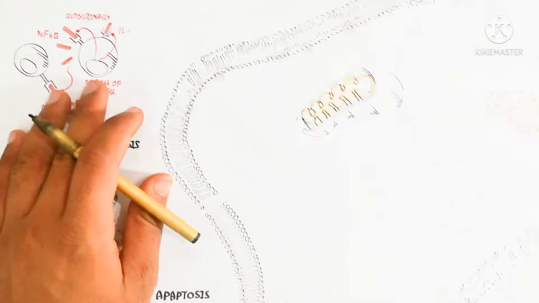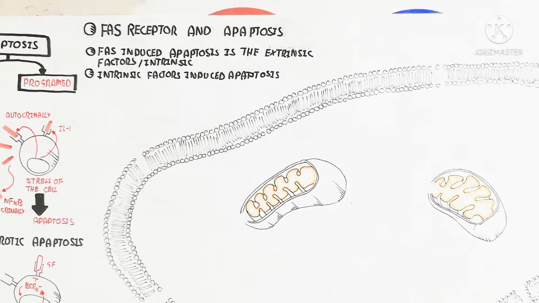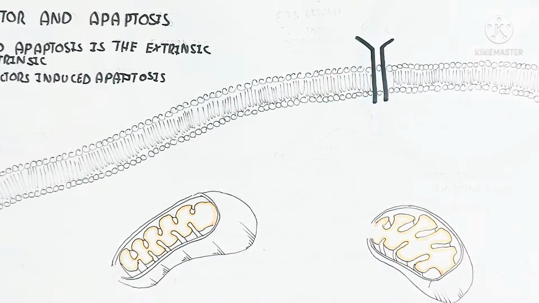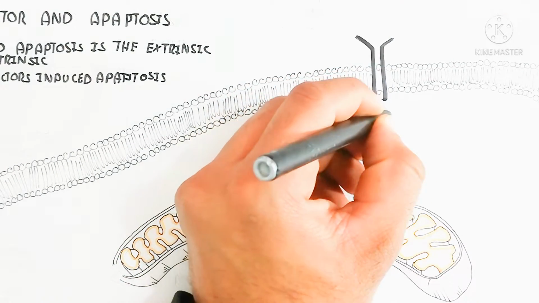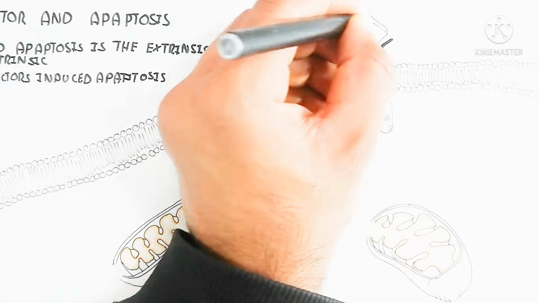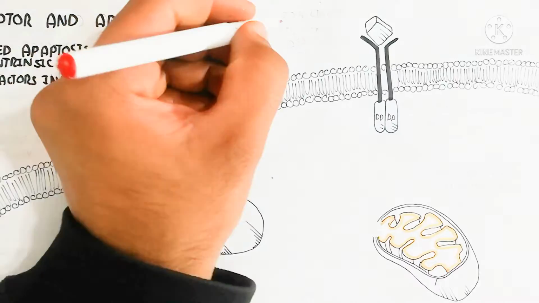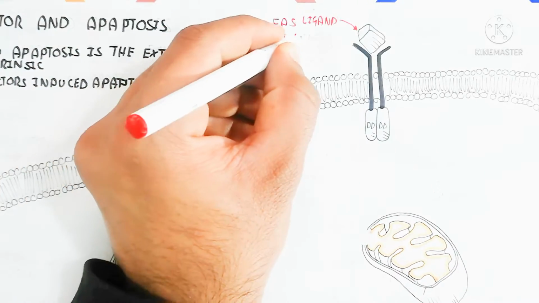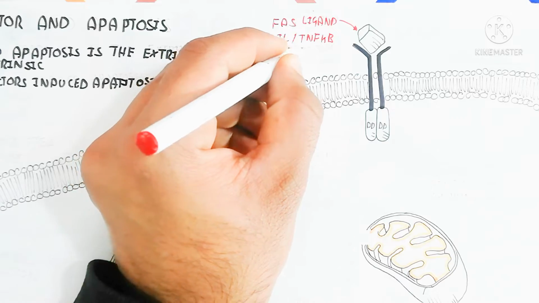Here is the plasma membrane, and inside is the nucleus. Here is the mitochondria, which for example is damaged, and the functional mitochondria. Here is the receptor. This receptor is monomeric but becomes dimeric when bound with a Fas ligand.